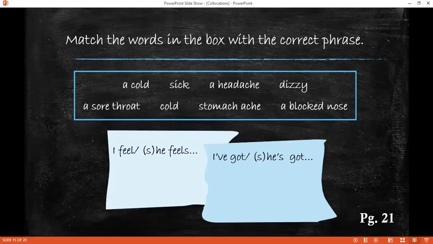The words they have given you: a cold, sick, a headache, dizzy, a sore throat, cold, stomach ache, a blocked nose. Yes, you can do this work in your book.